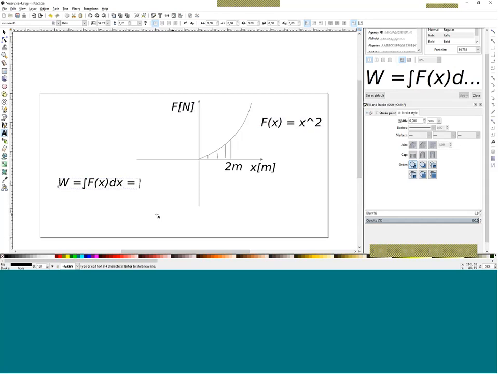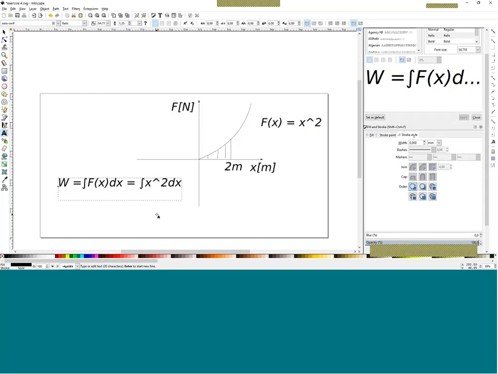I thought I made a mistake there. So now that becomes the integral of x squared dx, and we know that this is from 0 to 2. So that should equal, you guys know how to do integration. If not, don't worry.